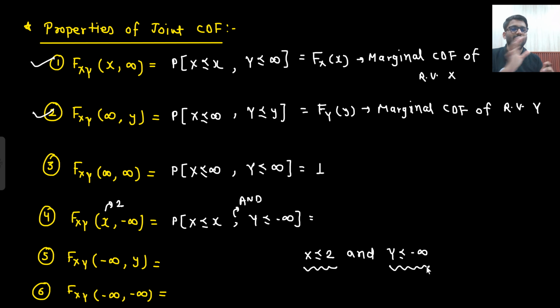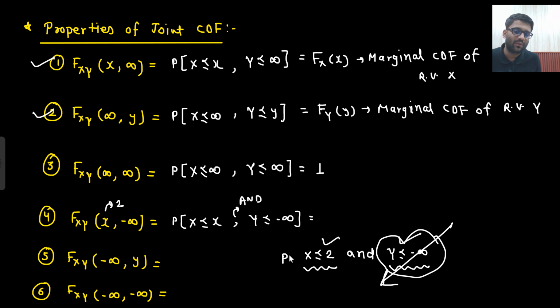Is this event possible? And there is an 'and' in between. That means you need to satisfy this condition as well as that condition. Can you ever satisfy this condition? No. Random variable y can never take a value lesser than minus infinity. That means if you are not able to satisfy this condition, you are not able to satisfy the whole probability.